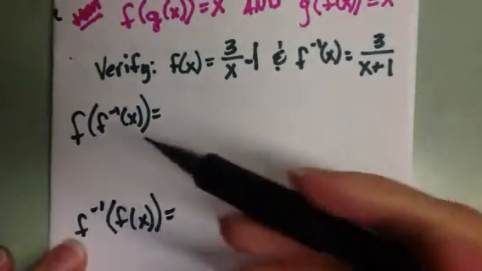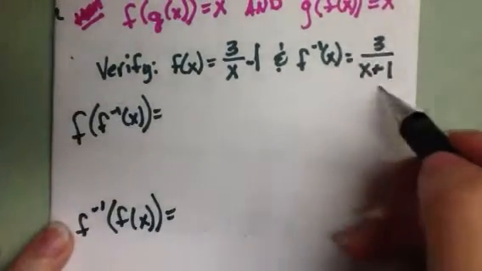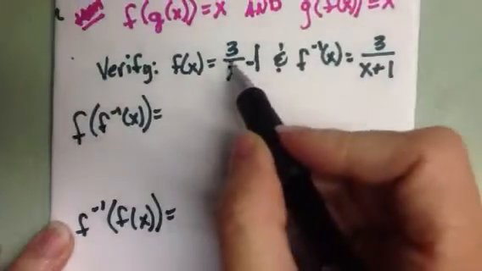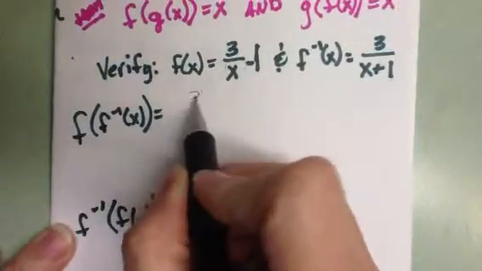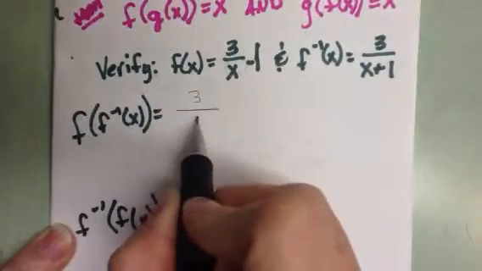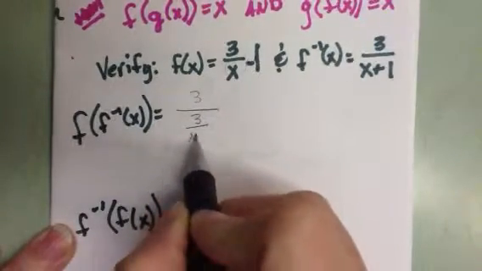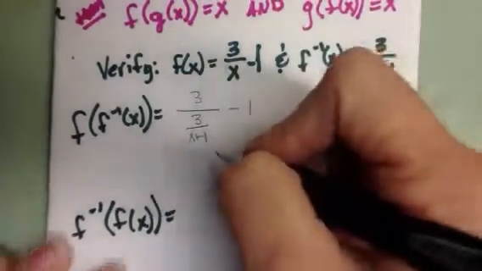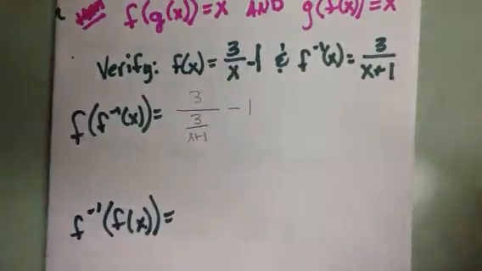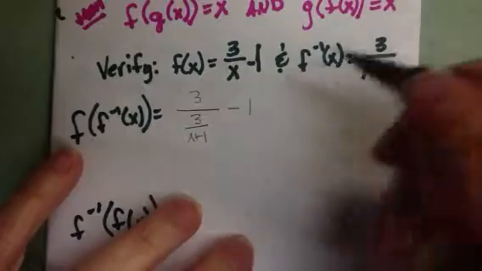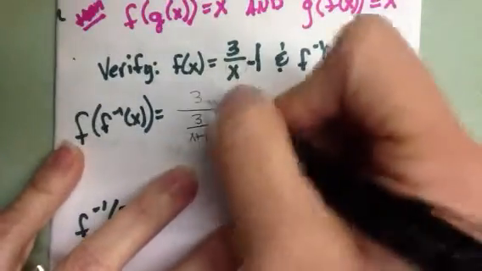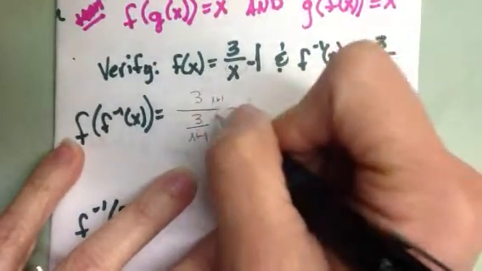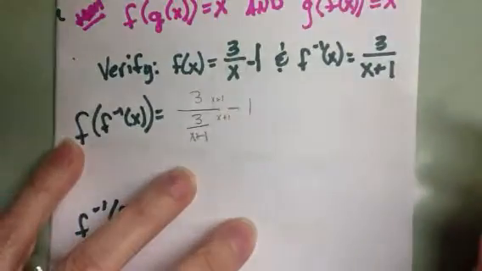So for the first one, we're going to take this function and put it in here for x. So we're going to do 3 over x plus 1 minus 1. Okay, now this gets a little tricky algebraically, but right here, to get rid of this x plus 1, we want to multiply this fraction by x plus 1 over x plus 1.